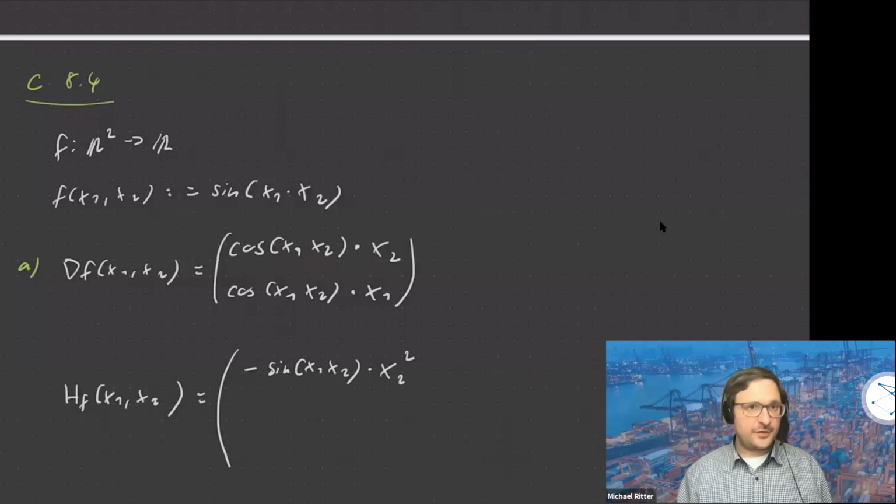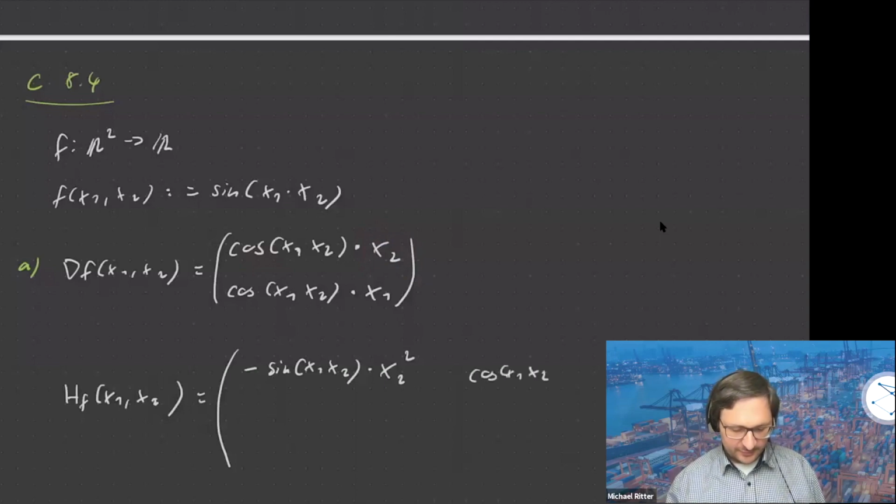For the second entry in that row, we again take this expression and now we differentiate with respect to x2. And that means we need to use product rule now. Let's first differentiate this part here. That simply yields that cosine. So we get cosine of x1, x2. And then we add the derivative of this cosine expression times x2.